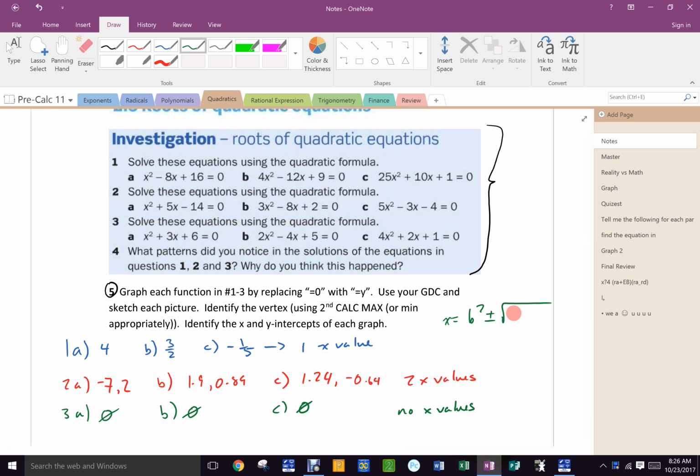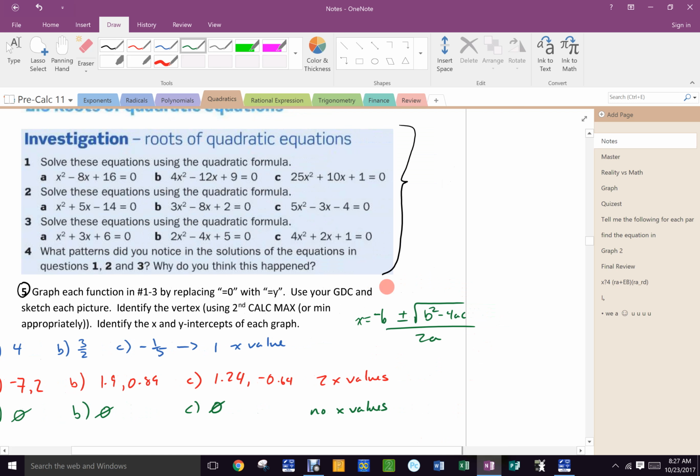I know. It is not b, it's negative b plus or minus the square root of b squared minus 4ac, over 2a, right?